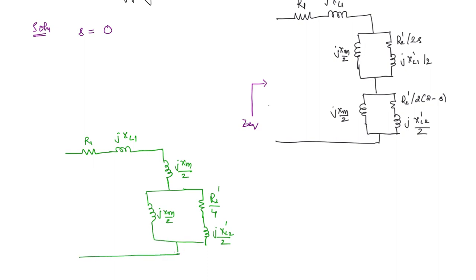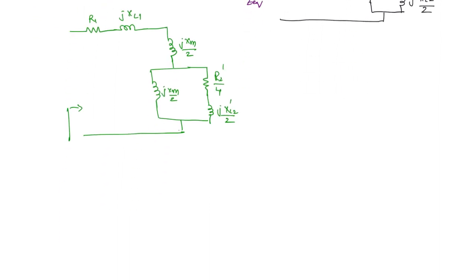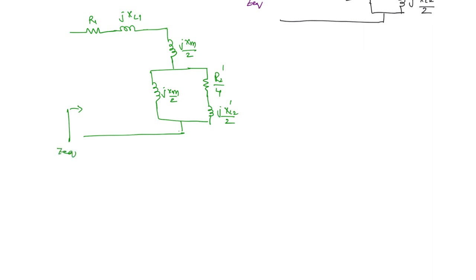So you simply have to find the equivalent impedance looking through these two terminals. What will it be? R1 plus jXL1, or you can directly write the given values. R1 is given as 12, jXL1 is also 12, plus jXM by 2, where XM is given as 240, so j120, in parallel to R2 dash by 4, and these both are in series.